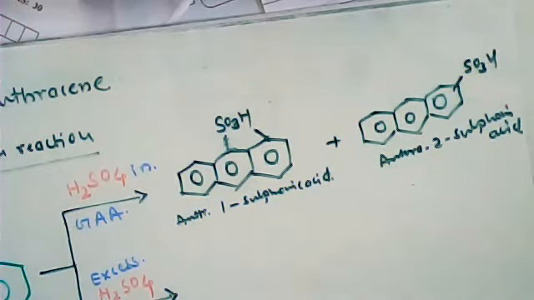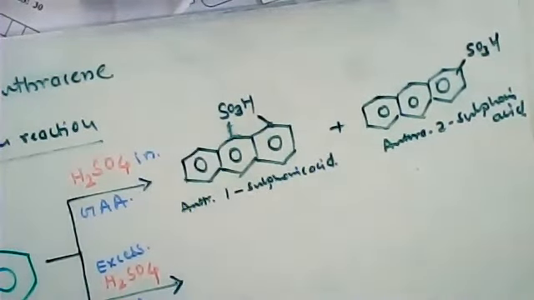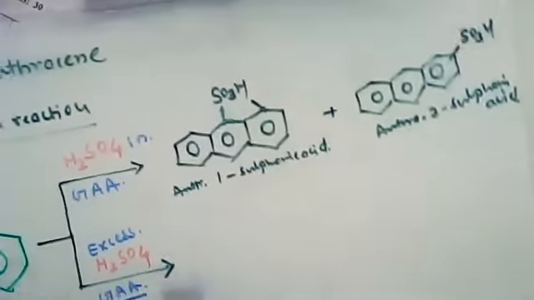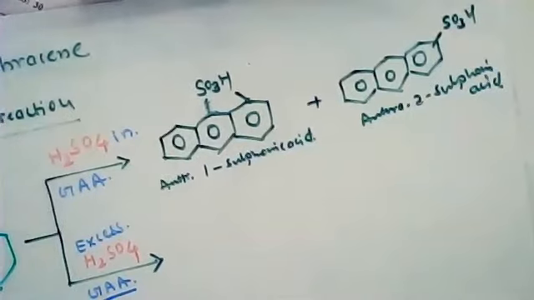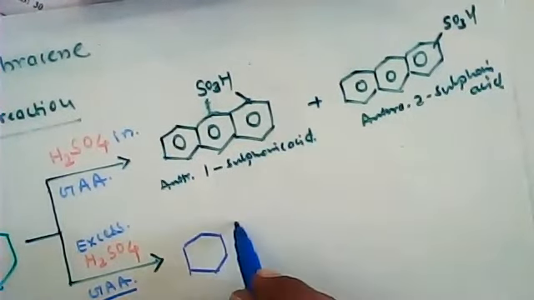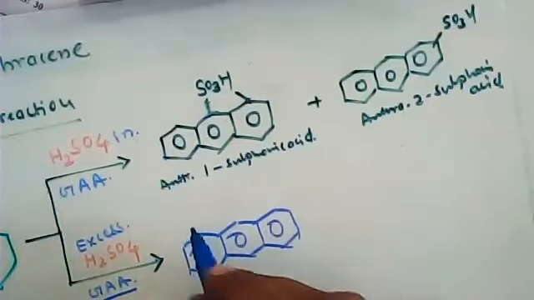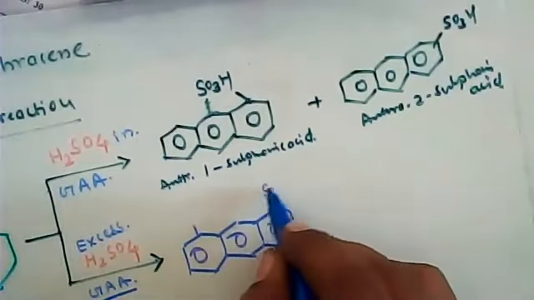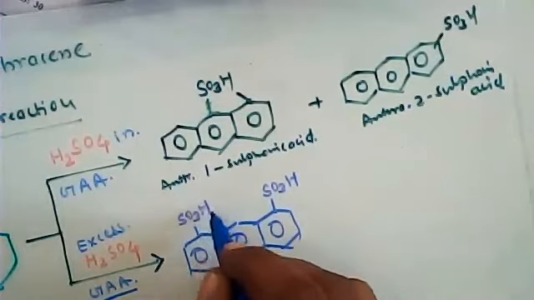With the second method, that is excess of sulfuric acid, the solvent is the same, glacial acetic acid. What will we get after this reaction? We get a di-substituted product, SO3H, SO3H.